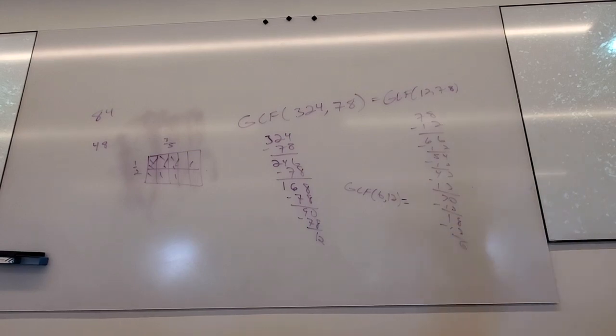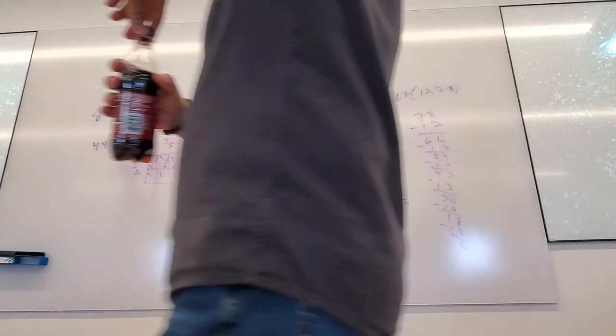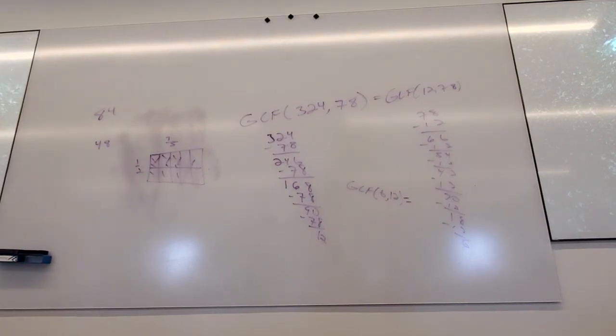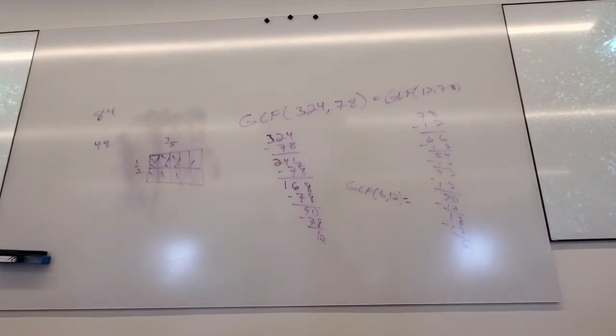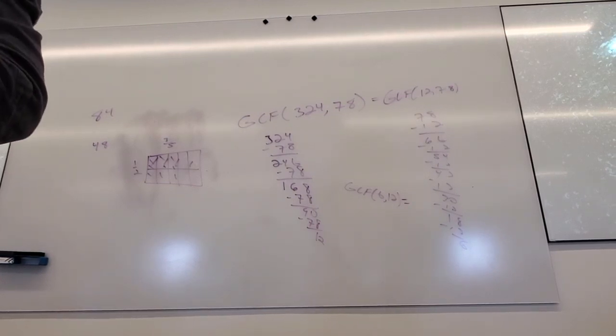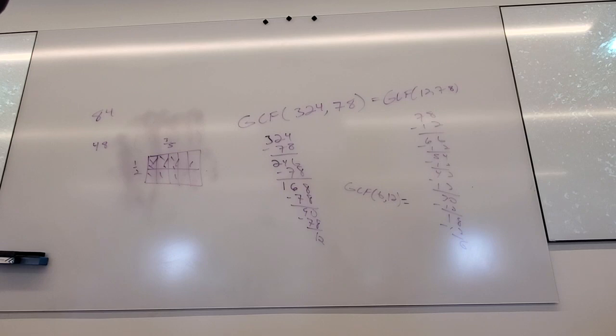So what we're about to get into, let me ask you guys a couple of questions to feel out how much you are aware of these ideas: ratio and proportion. What's a ratio?